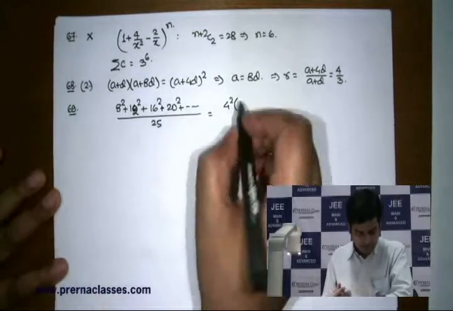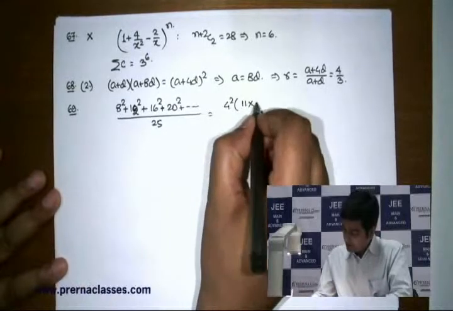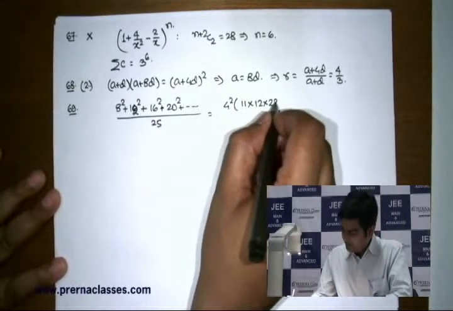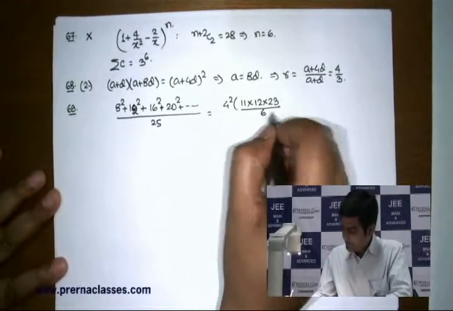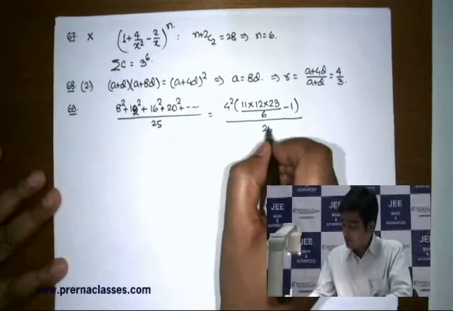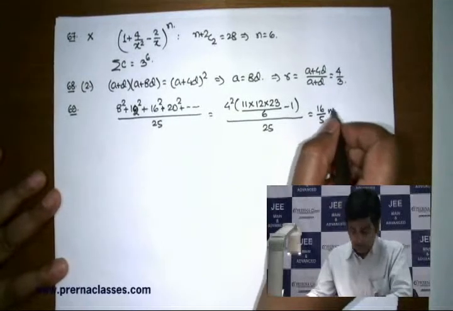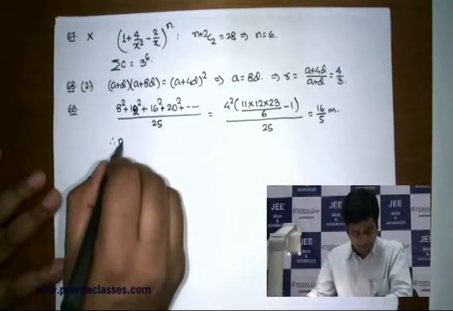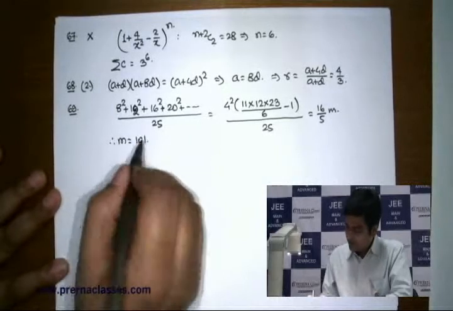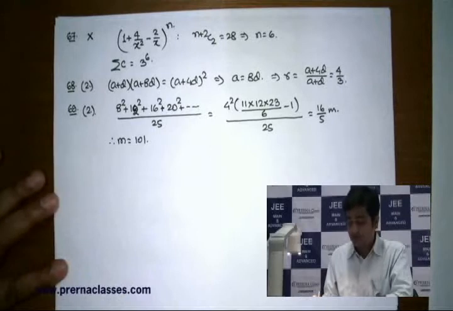Since it is given that you are looking at the sum of the first 10 terms, you can then clearly check that the sum of the numerator is going to match with this, and if this is given to you as 16 by 5 times m, after simple calculation, you will find that m is 101, which is nothing else but option 2.